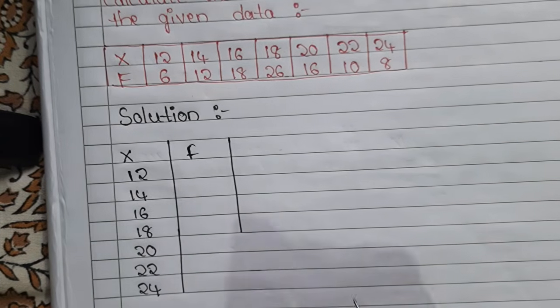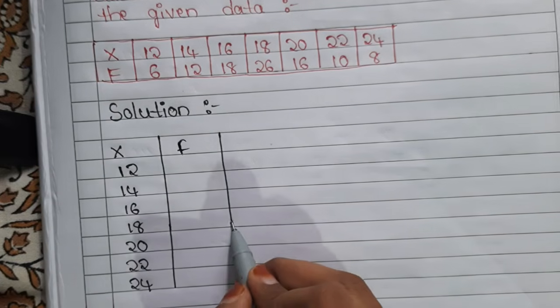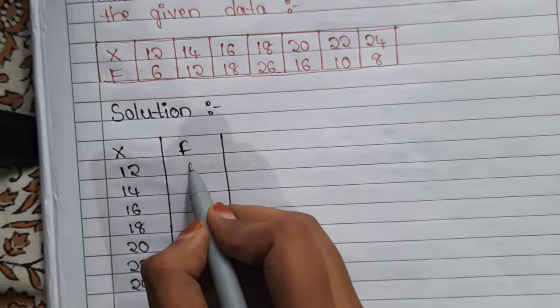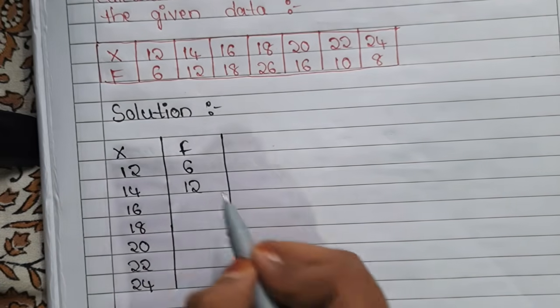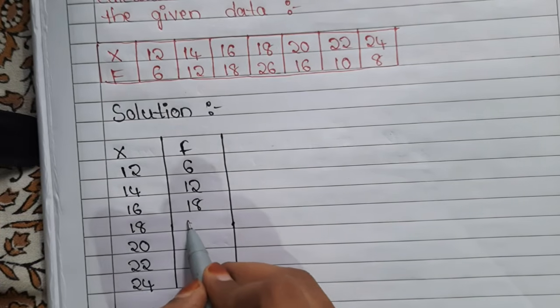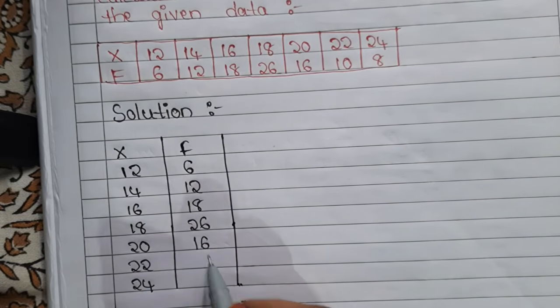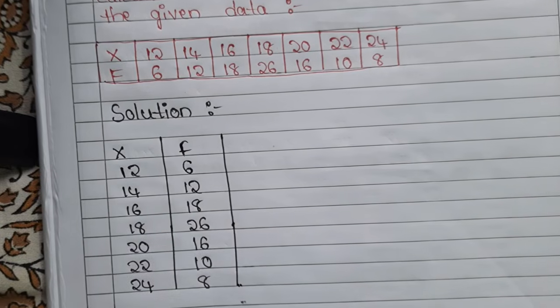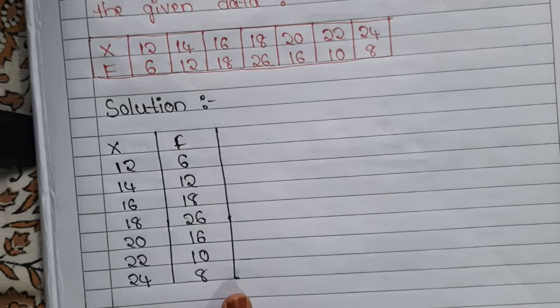Done. Then let us take the f values. The f values are 6, 12, 18, 26, 16, 10, 8. So we are done with x and f.